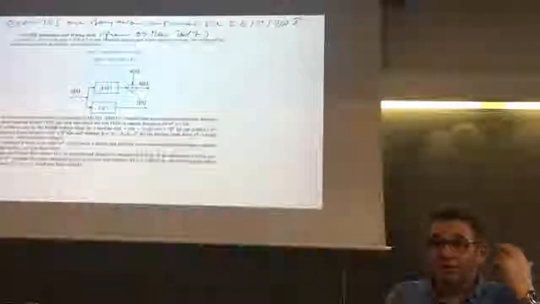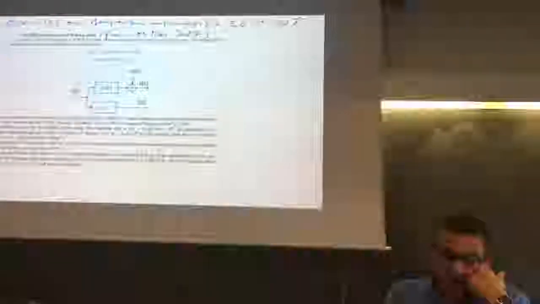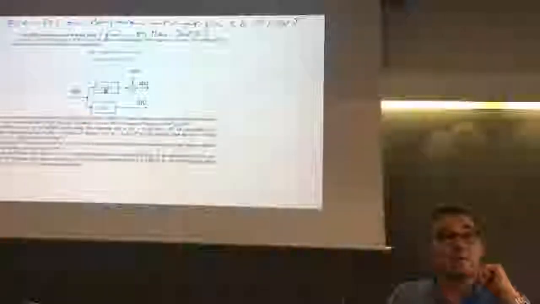When you read something like that, I suggest you start elaborating a little bit. First of all, this is a zero, this is a zero. So I have a zero in one position, a zero in another position: a zero at 1 and a zero at minus 1.